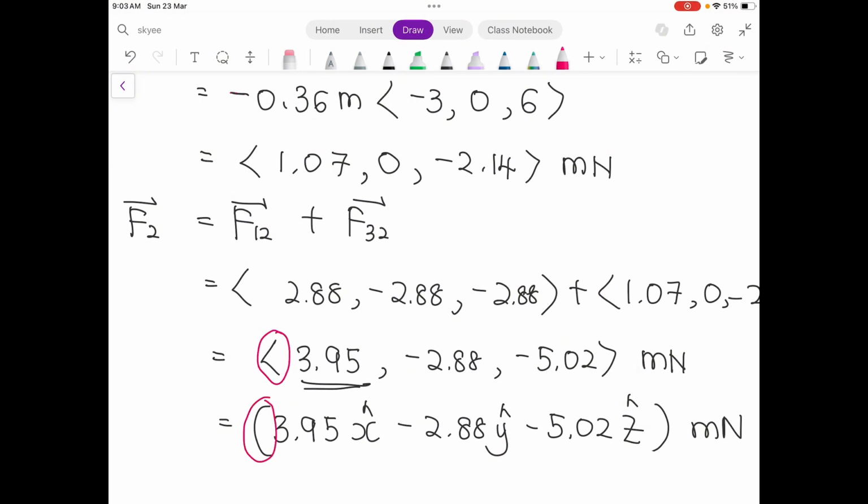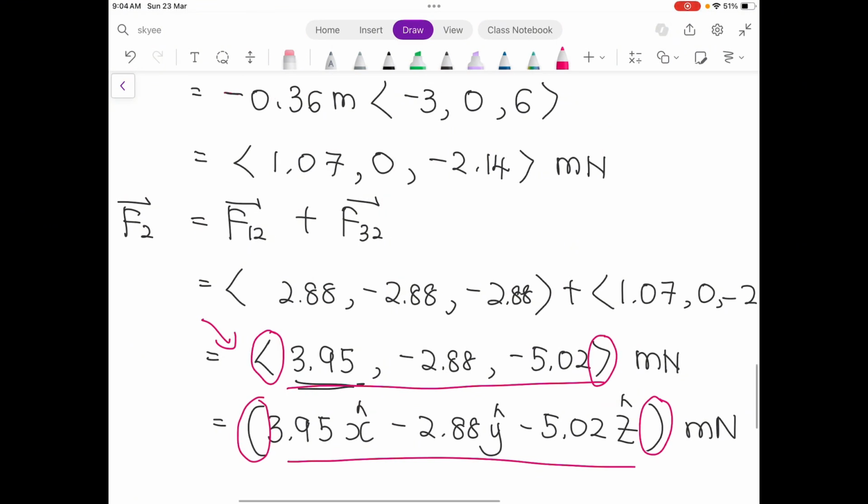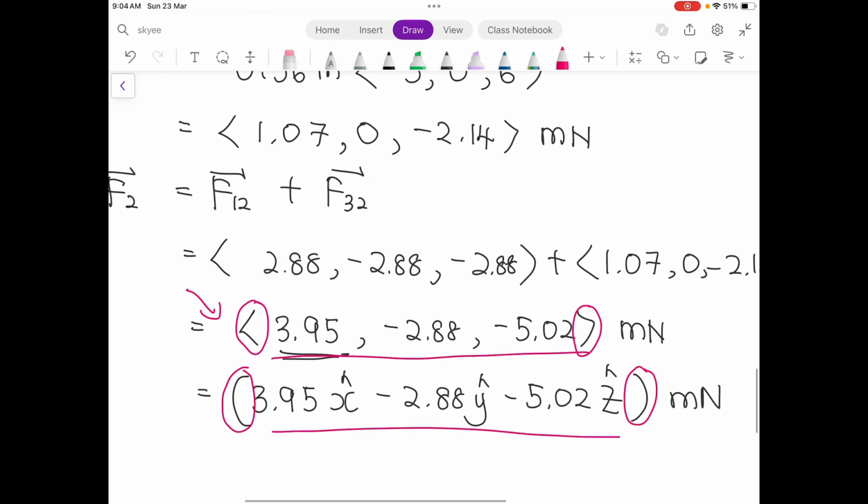Sometimes I write in this way, sometimes in that way. They are actually the same, but make sure the bracket that you use is correct. This one is like a short form, because I don't need to write x and y and z, which would make my calculations very long. You can choose to apply this one, but it is the same.